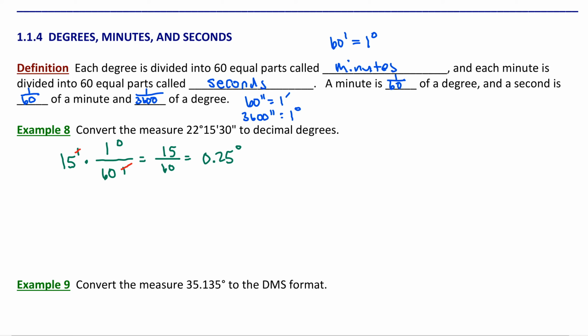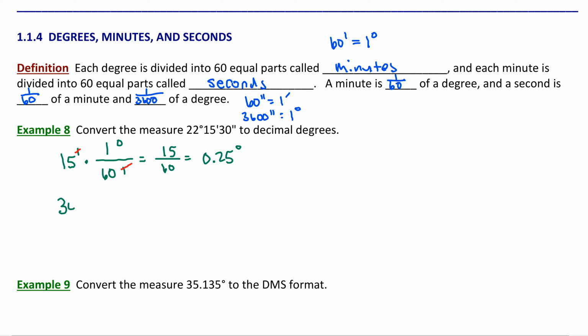Now, if you think about time as measured on a clock, 15 time minutes is 1/4 of an hour. So we have 15 degree minutes, right? The angle measurement representing 1/4 of a degree. Now, let's convert the 30 seconds to degrees.